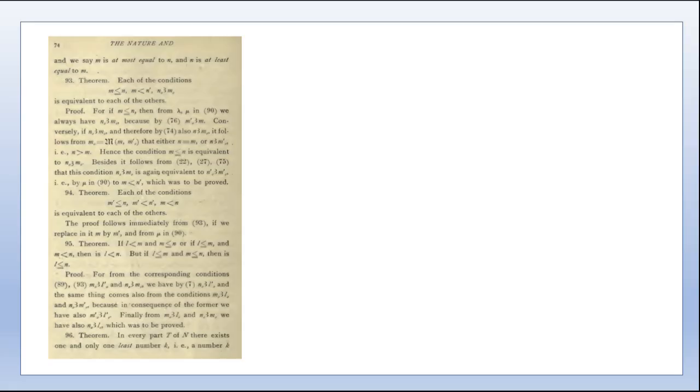Okay, so hence the condition. Besides, it follows from 22, 27, and 75 that this condition, n naught part of m naught, is again equivalent to n naught primed is a part of m naught primed. So that's 22, I think.